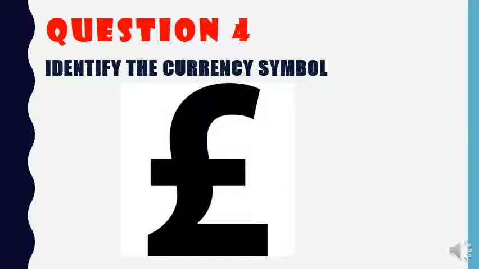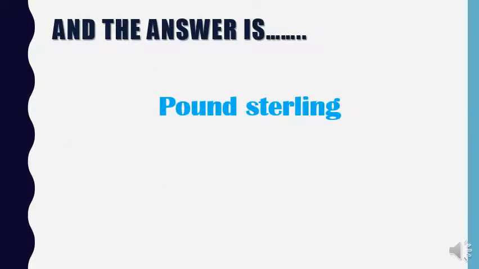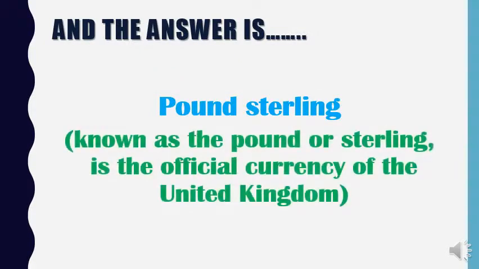Yes, we are getting a lot of answers. No, it's not that. The correct answer to this is pound sterling, which is also known as only pound or sterling. It is the official currency of the United Kingdom, commonly known as the UK.